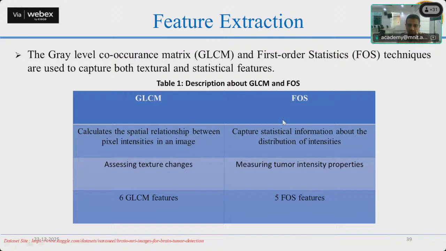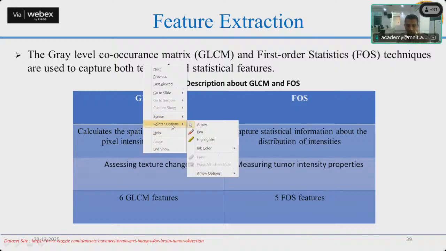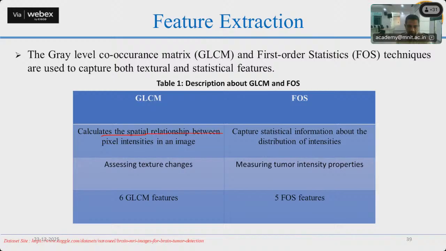So what about this GLCM and FOS? GLCM is gray level co-occurrence, so you calculate the spatial relationship between pixel intensities in an image, showing texture changes. Six GLCM features are there.